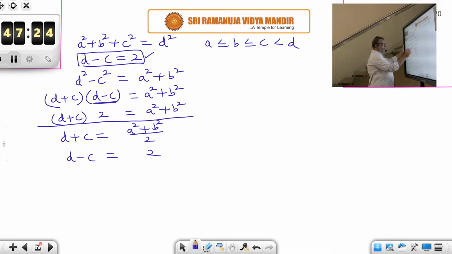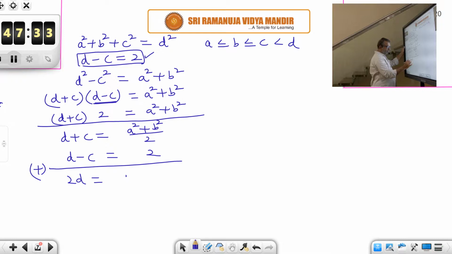So we take these two equations, adding them: 2d is equal to (a square plus b square) by 2 plus 2. Subtracting, you get 2c equals (a square plus b square) by 2 minus 2.